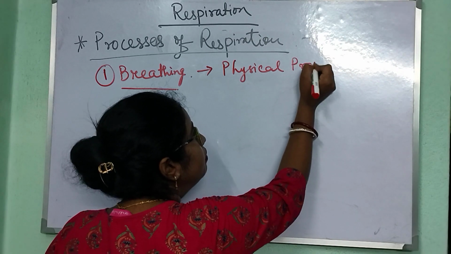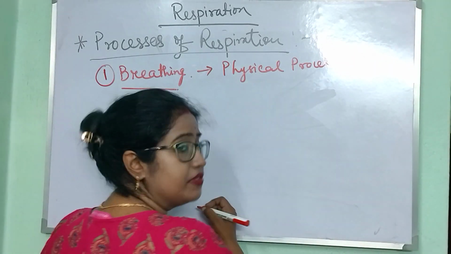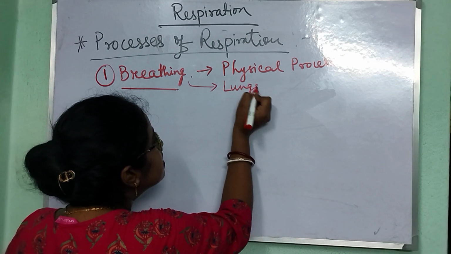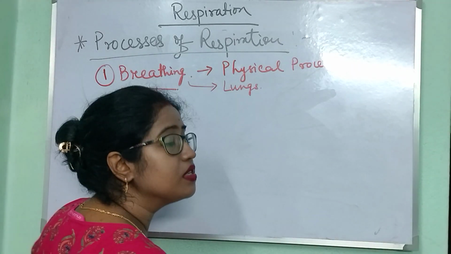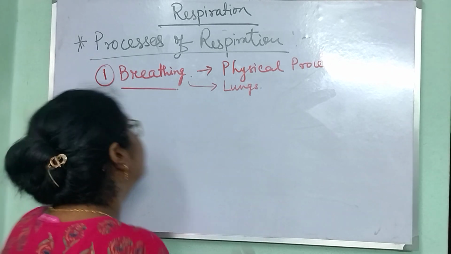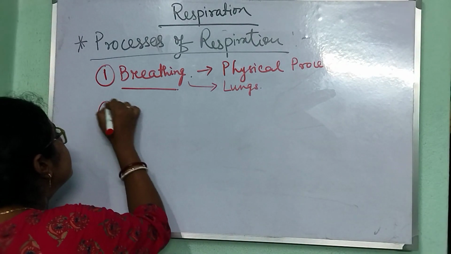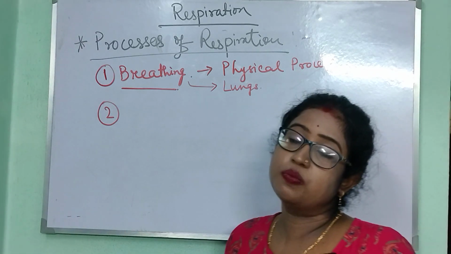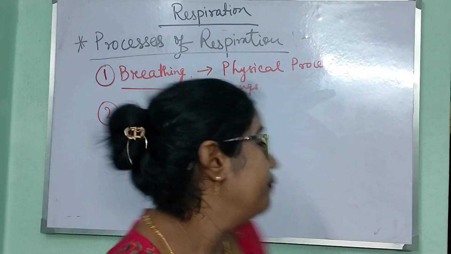It is not a chemical process, it is actually a physical process, and breathing occurs by lungs in higher organisms or in human beings. The second process is gaseous transport to tissues.